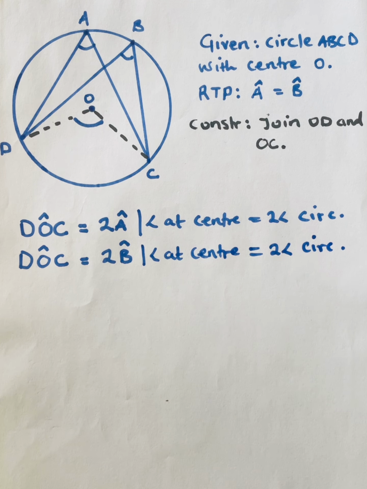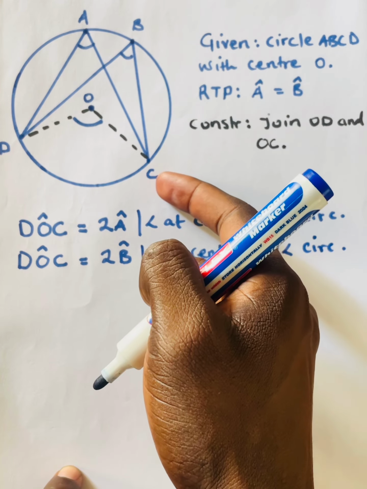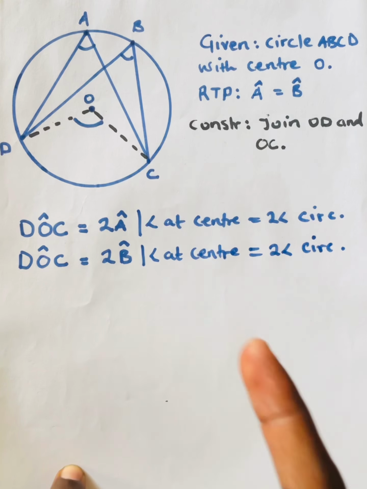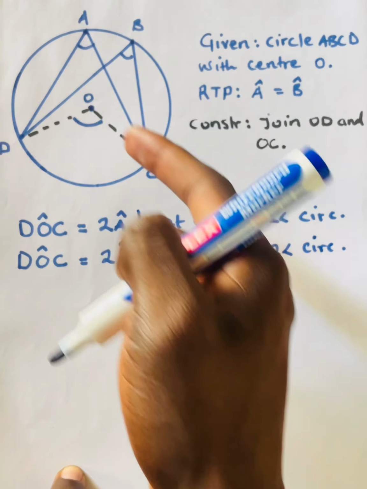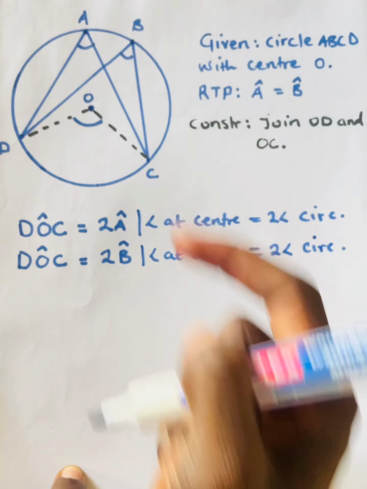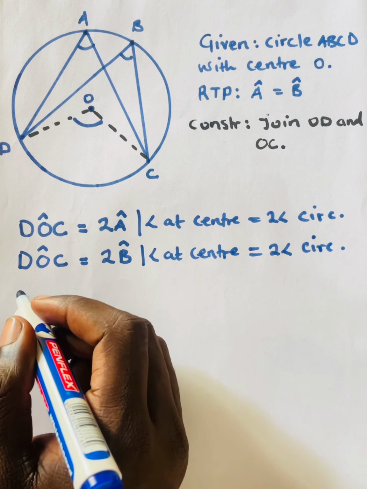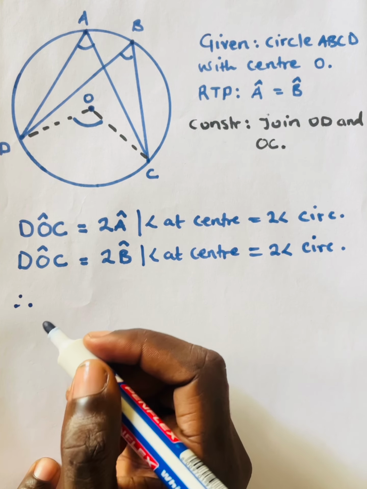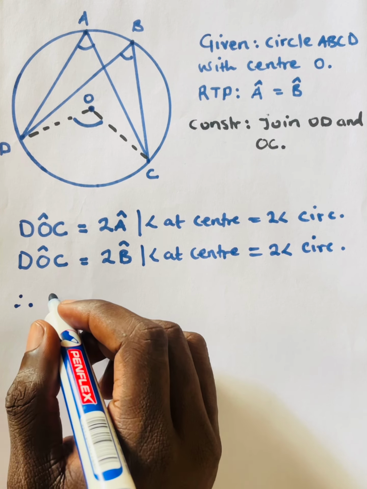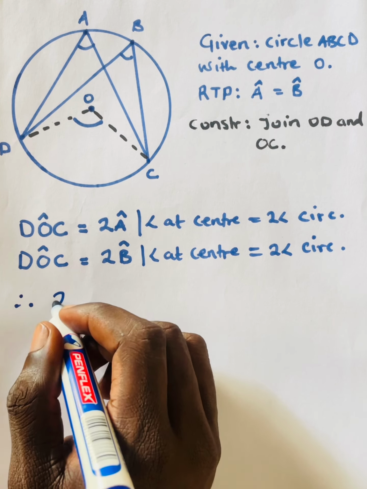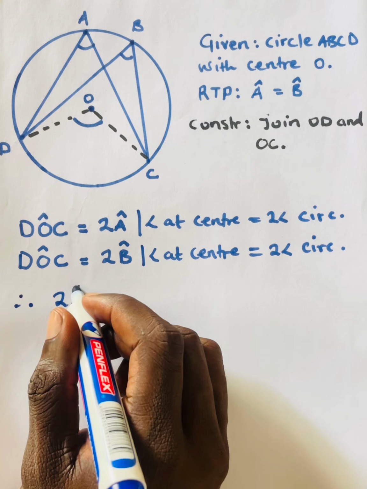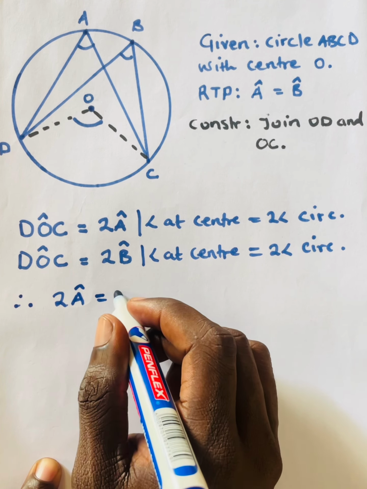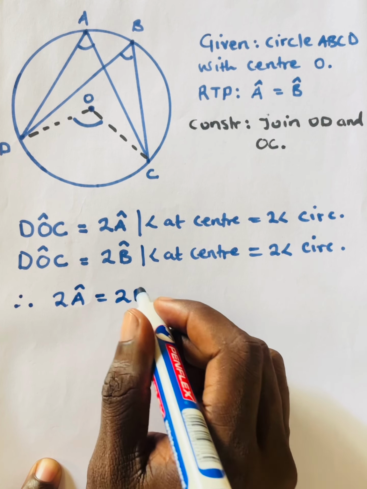Because angle DOC is twice angle A, and at the same time angle DOC is twice angle B, we can conclude, therefore, 2A is equal to 2B.